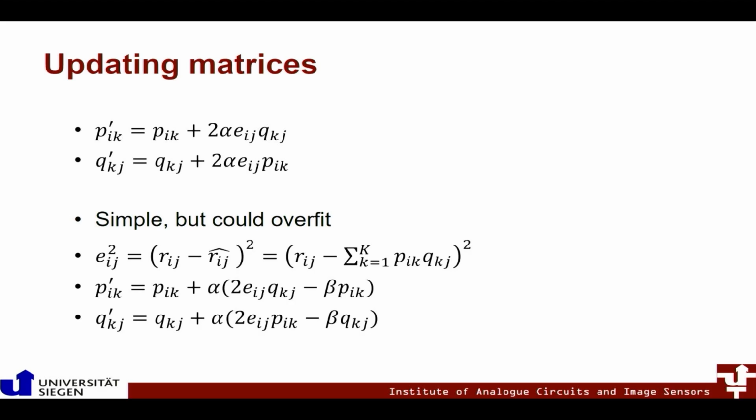P has to be 5 by something and Q has to be something by 4. If we start randomly, the dot product will give me an error.